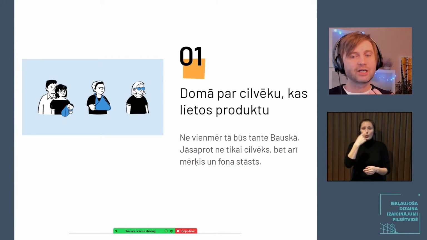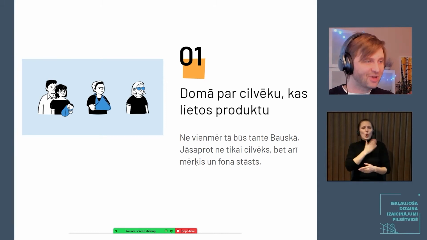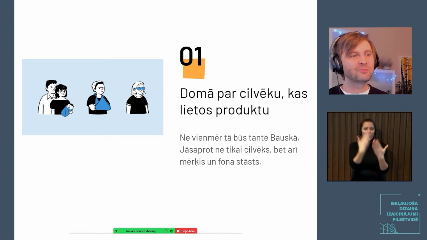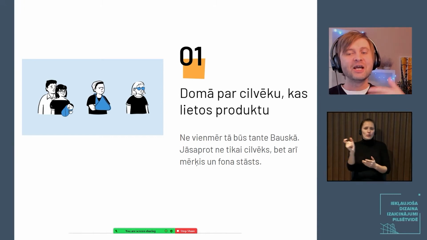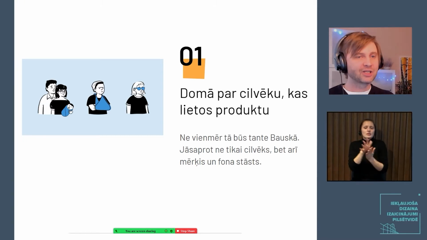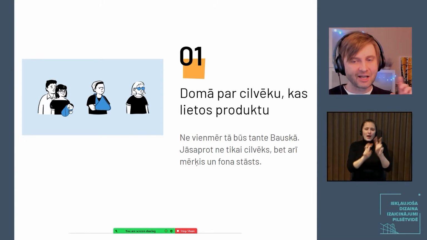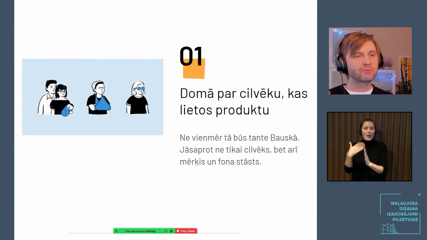So if everybody is talking about users and that users are important, one of the recommendations when we are testing accessibility is to understand who your users are and what their scenarios are, so that you are able to test according to this scenario.